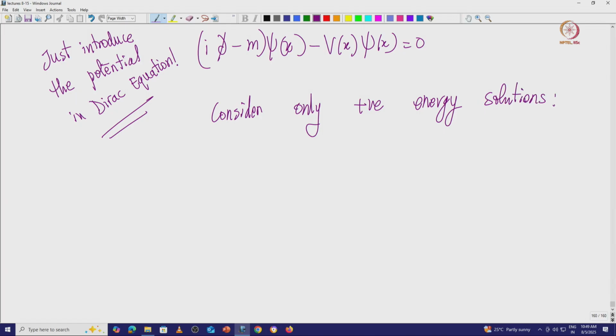So in this case, these are just a u of x essentially. The slight complication is that instead of psi plus, which we considered for the Klein-Gordon equation, you have the spinor. So the wave function is u of x.